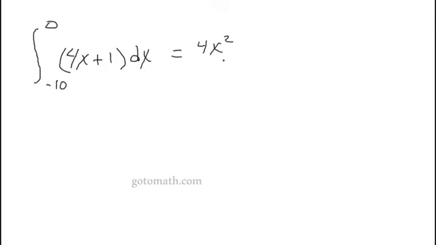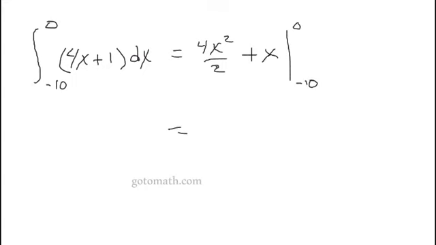We're taking the integral from -10 to 0 of 4x plus 1 dx. Of course, I'll be working a lot of these examples, so 2x squared plus x from -10 to 0.